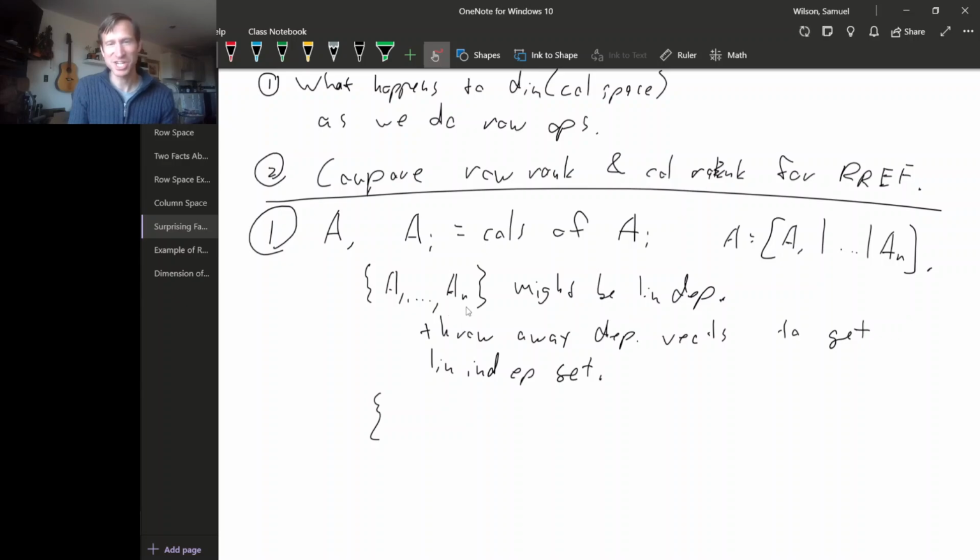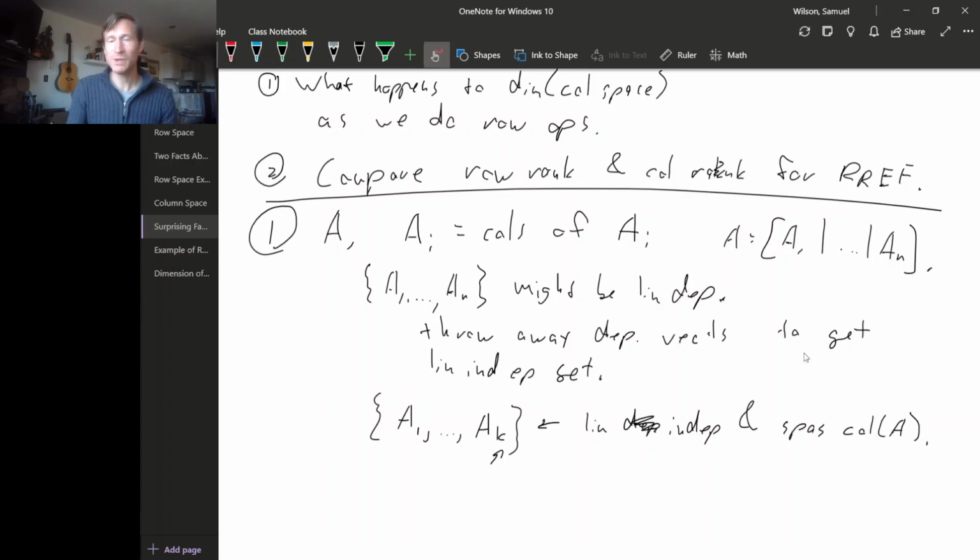It's not going to change anything that follows if we renumber them so that all of the dependent ones were at the end. So when we do this, we get a collection of columns, possibly fewer than the collection we started with. We started with n of them, but we might have some fewer number left, so I'm calling that k. And this is linearly independent, and still spans the column space of A, right?